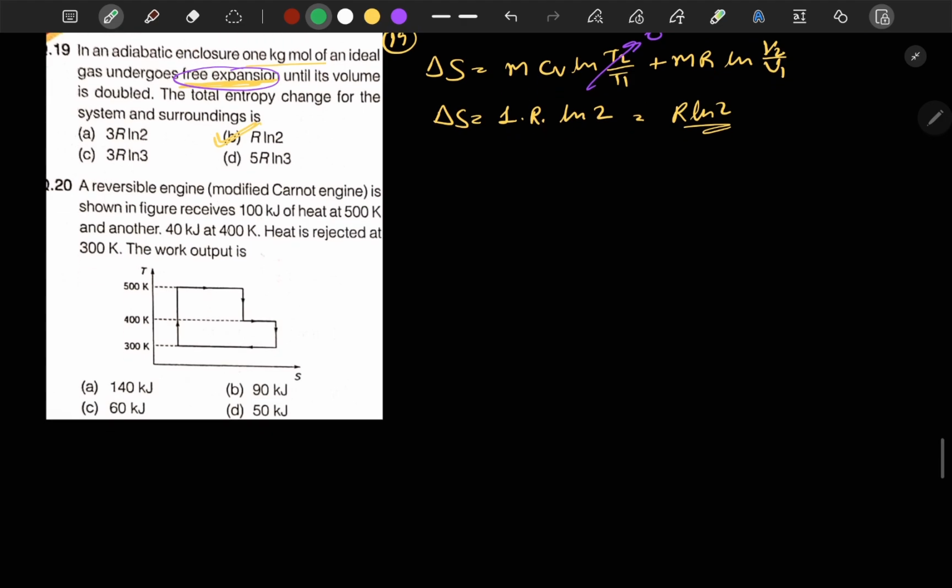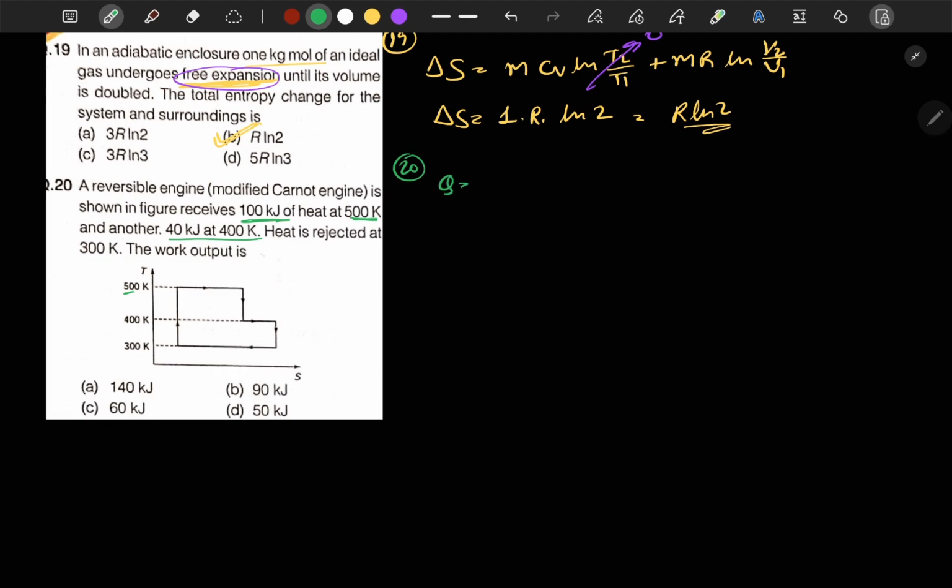In question number 20, it is mentioned that the reversible engine, a modified Carnot engine, is shown in the figure. It receives 100 kilojoule of heat at 500 Kelvin and 40 kilojoule at 400 Kelvin. Heat is ejected at 300 Kelvin. The work output is asked. Since we know the temperature, Q is related to the entropy change.